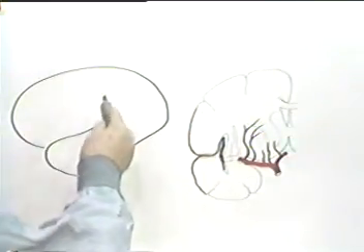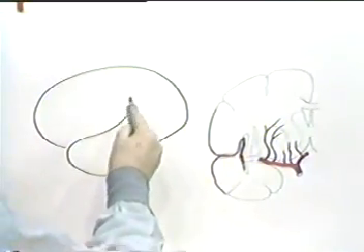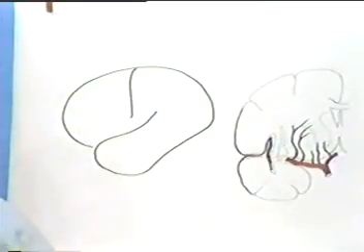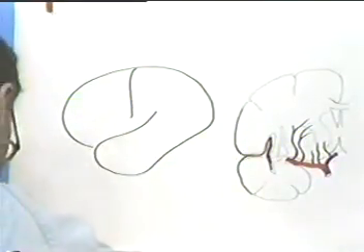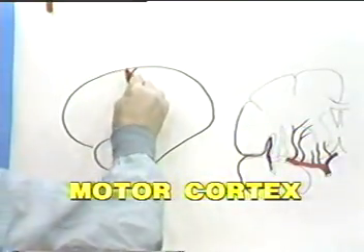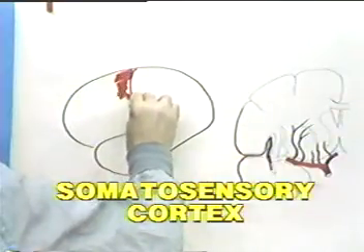Let's go back to this drawing here to the left. In the central part of the hemisphere, on the lateral surface, is a motor and a somatosensory cortical area.